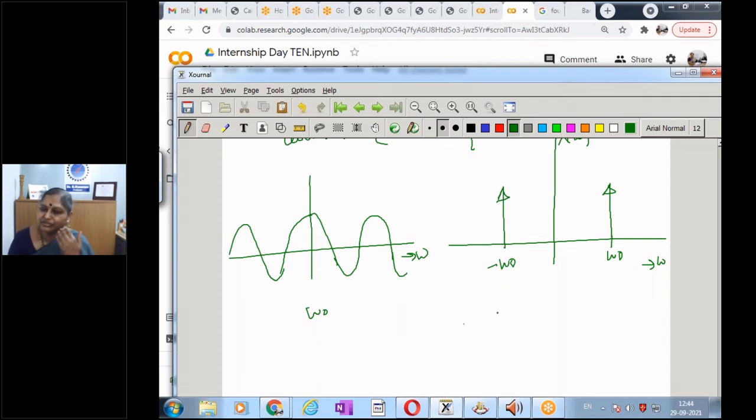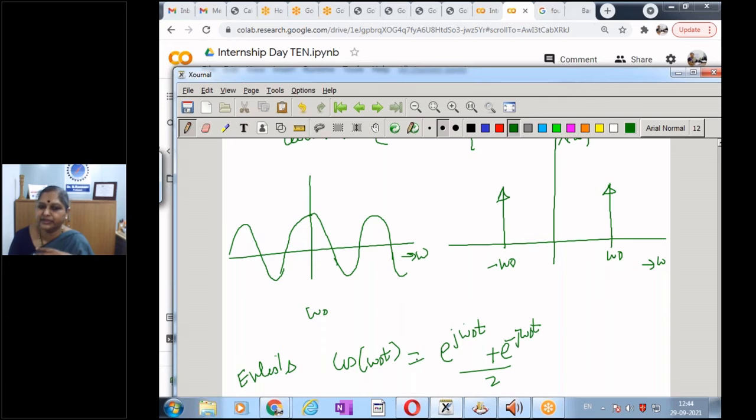The negative frequency is only because of our mathematical representation. I write cos omega naught t as e power j omega naught t plus e power minus j omega naught t, divided by 2. This is Euler's identity, and hence we get the negative frequency.